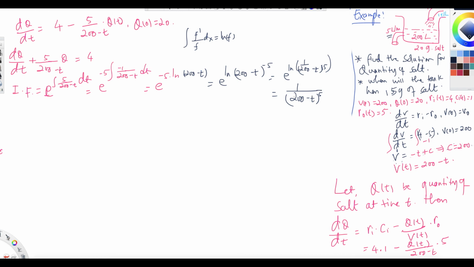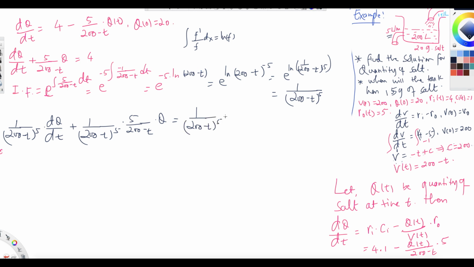Now you need to multiply both sides of this equation by that value. So you get 1 over (200 minus t) to the 5th times dq/dt plus 1 over (200 minus t) to the 5th times 5 over (200 minus t) times q equals 1 over (200 minus t) to the 5th times 4.